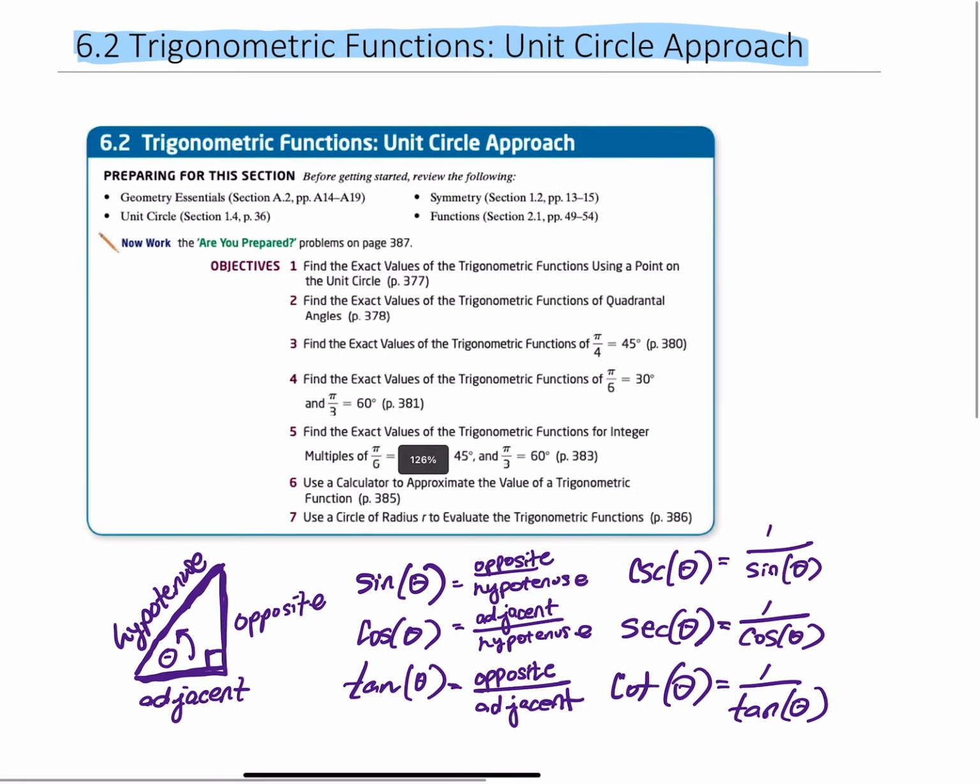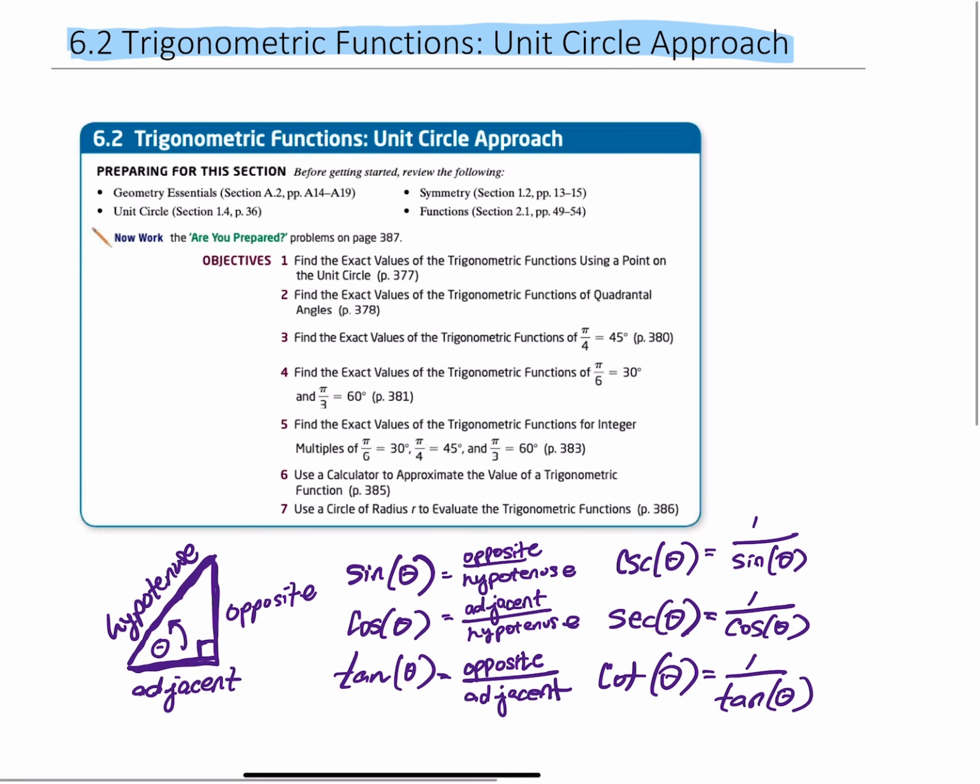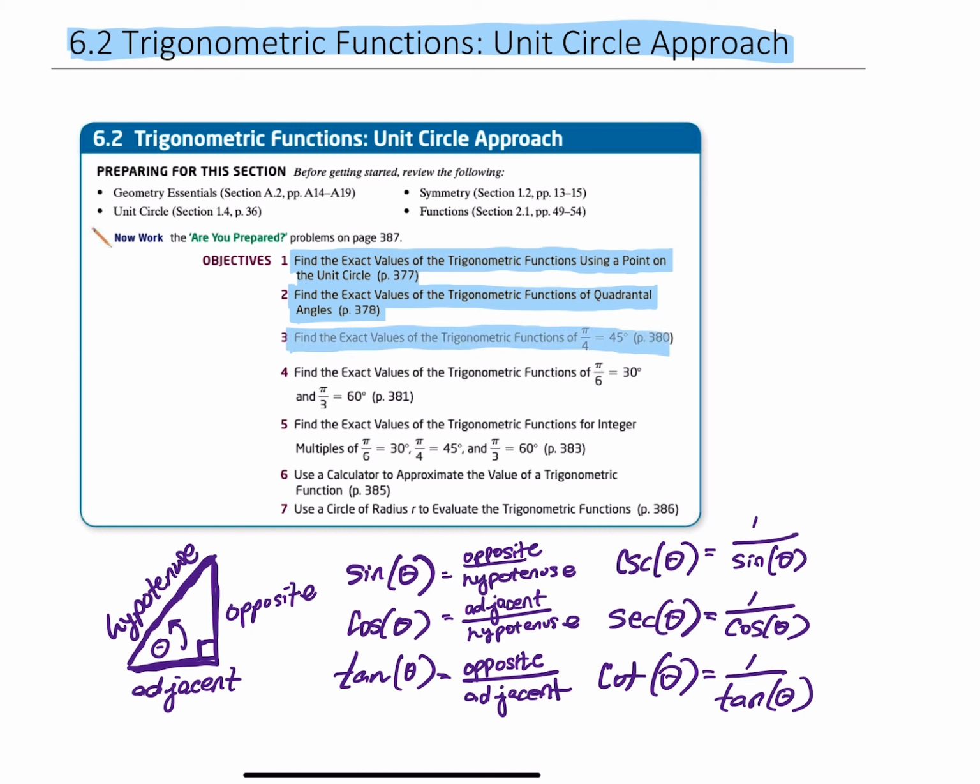All right, again, it was a big section. So we skipped to here, defining the exact values of the trig functions on our quadrantal angles. We generally talked about what the unit circle was and what a point on the unit circle represents. We found the exact values of our pi over 4 trig functions.